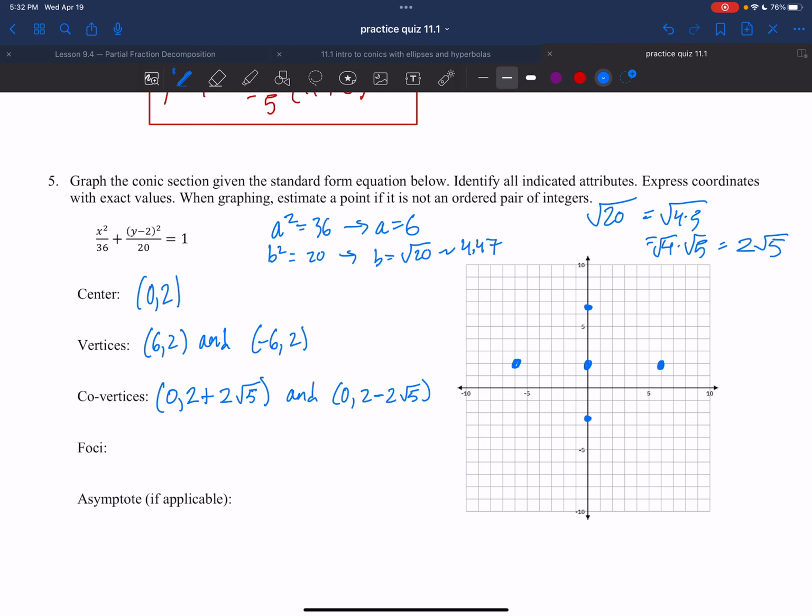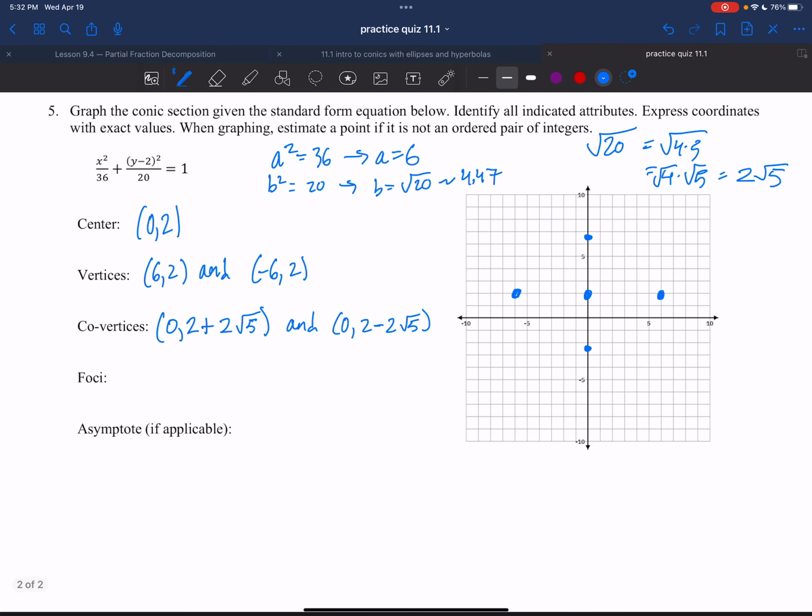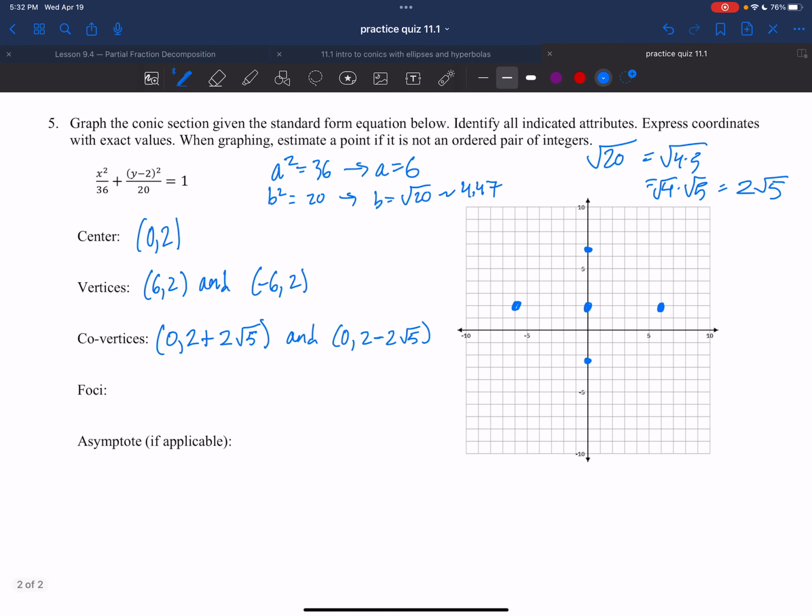Like so. Okay. And then where are the foci? Well, I need to find C. C squared equals A squared minus B squared. So it's 36 minus 20 is 16. So C equals 4. So you're going to go 4 left and right. So it'd be 4, comma 2 and negative 4, comma 2.